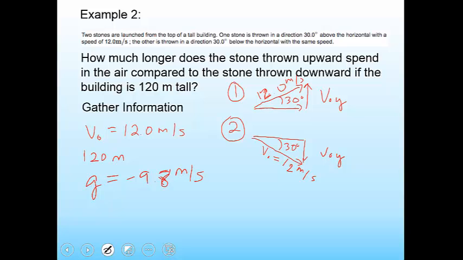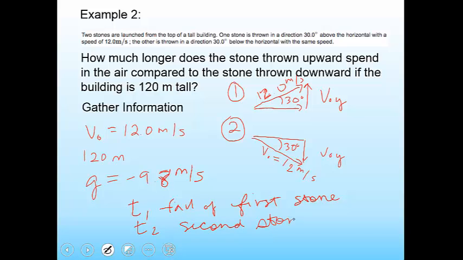And the question is, we basically need to find the time for the first stone to fall, and we want the time for the second stone to fall. And what we're really interested in is T1 minus T2. That's what our final question is.